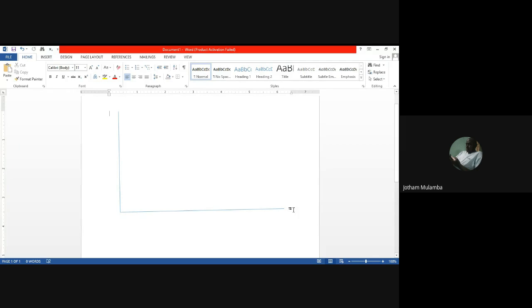On this scatter diagram, we have the y-axis and the x-axis. The y-axis will represent the costs, and this cost will be in shillings. The x-axis will be units produced.